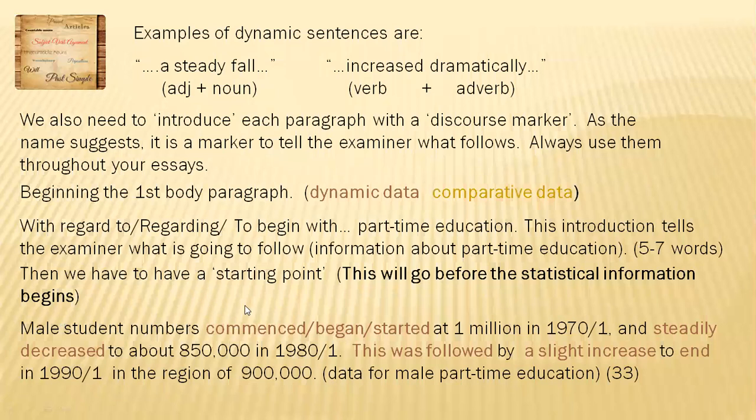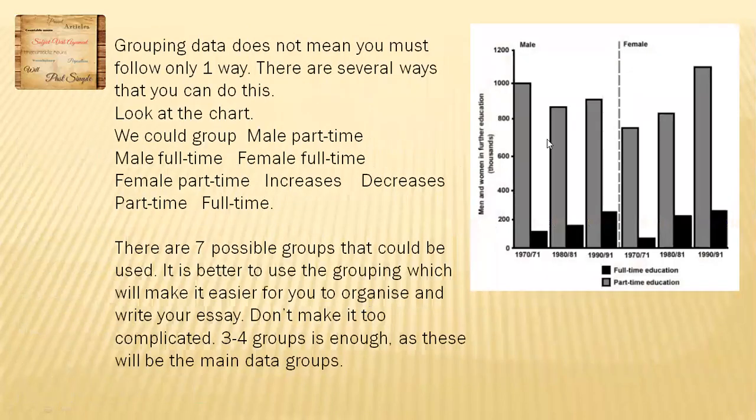Male students' numbers commenced at 1 million in 1970 to 71 and steadily decreased to about 850,000 in 1980 to 1981. Okay, so let's go back quickly.